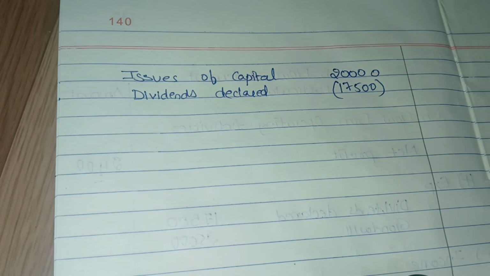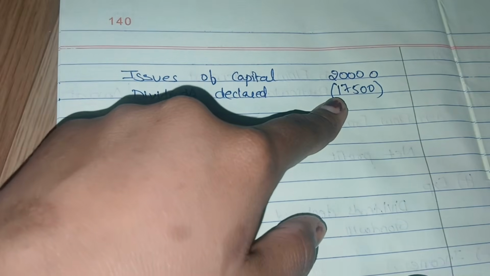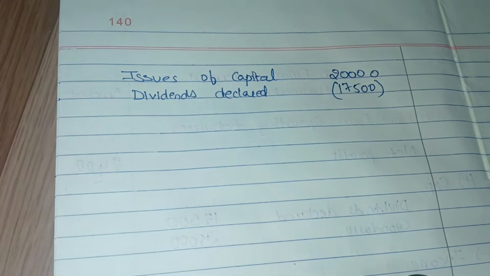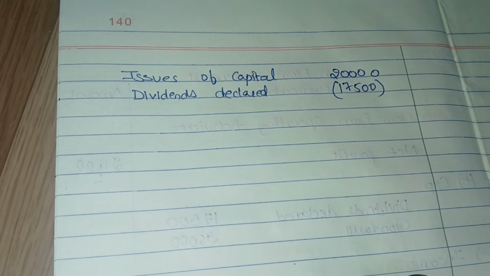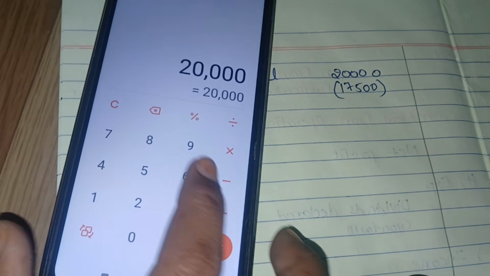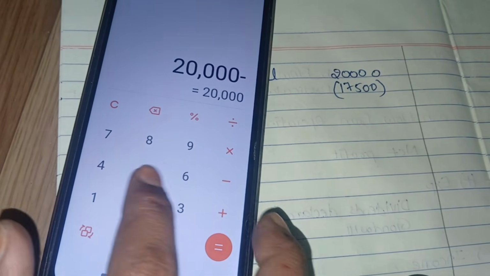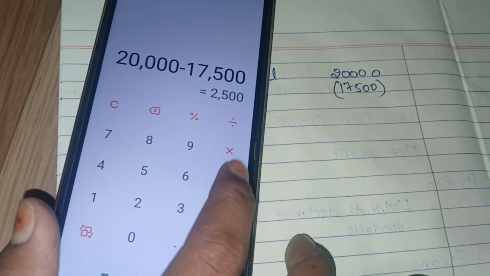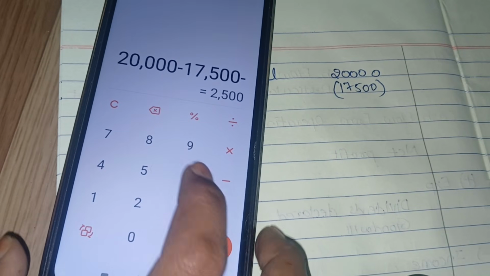So now everything is over. 17,500 is the minus value, 20,000 is the plus value, and on the debenture side it is minus 30,000. So 20,000 is the plus value. From that we need to minus 17,500, and minus 30,000 is the redemption.